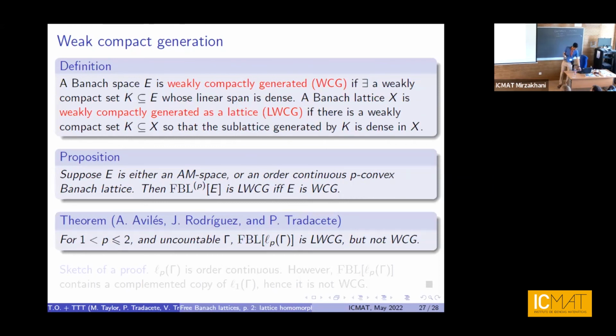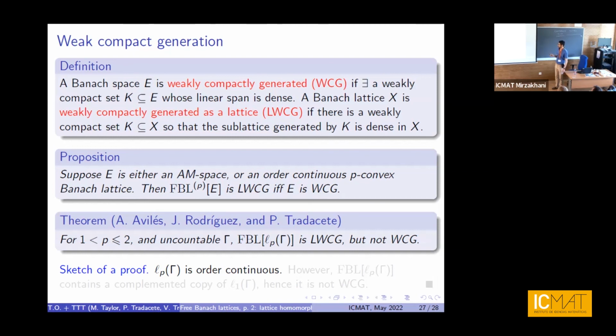And the idea of the proof is that, well, look at this L_p of gamma. This L_p of gamma is order continuous, and of course p-convex, and since L_p of gamma is reflexive, it's weakly compactly generated, and therefore the corresponding free Banach lattice will also be LWCG.